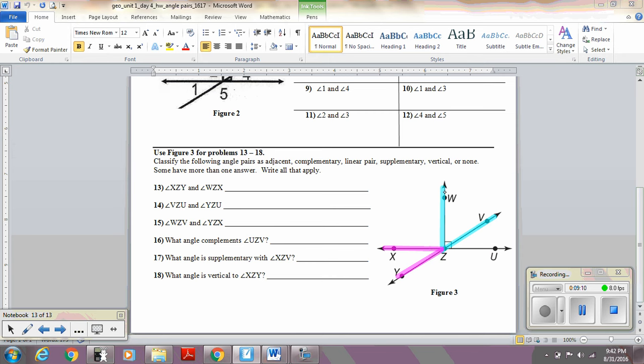If I were to continue drawing this line, it should go straight down, and this one should go straight across, but it doesn't. So it's not vertical. And we don't know the measurements, so it can't be complementary or supplementary. So the only thing we can put at this point in time is none. There is no relationship that we know of between those two angles.